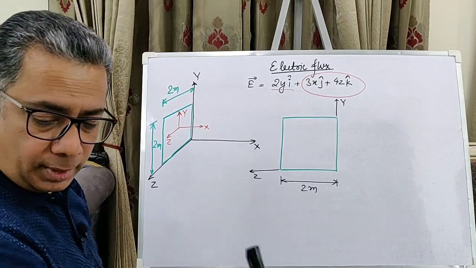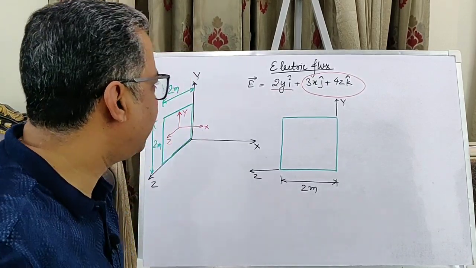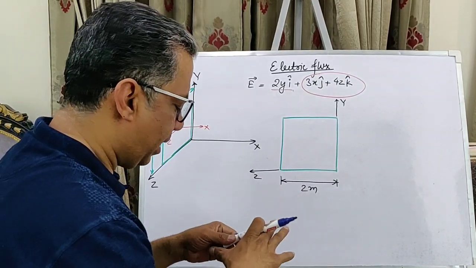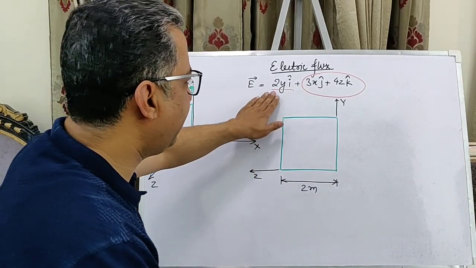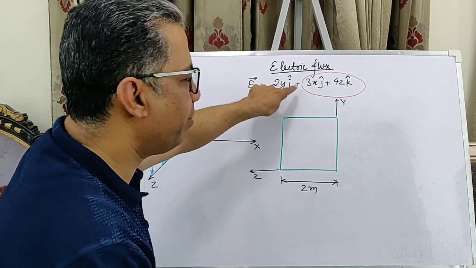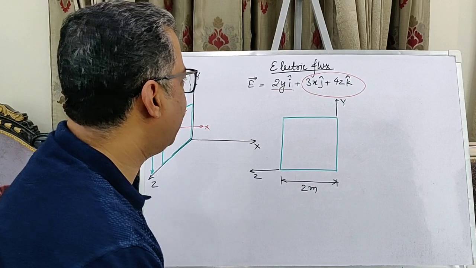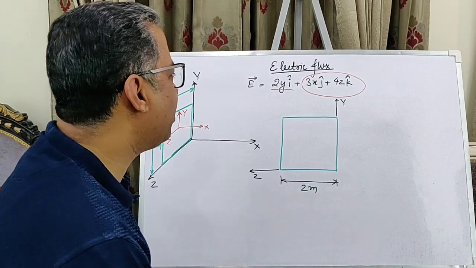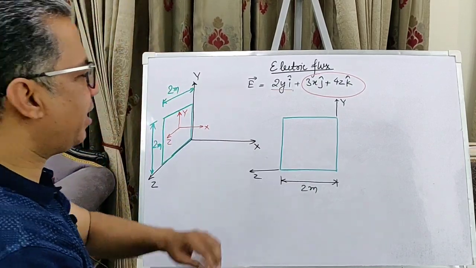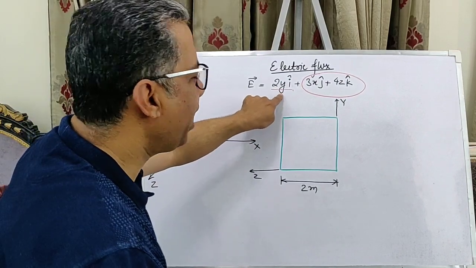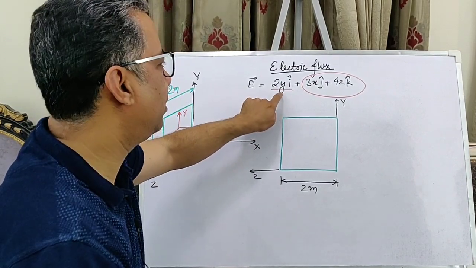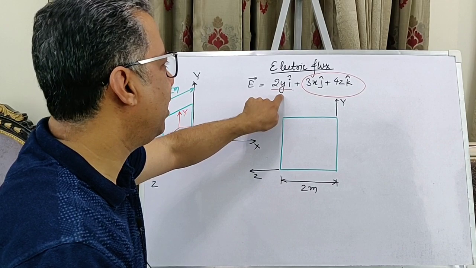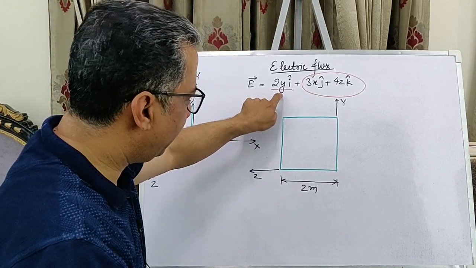Now such an area element, over which the relevant component of electric field has a constant magnitude, would have to be an area element in which y coordinate is constant.